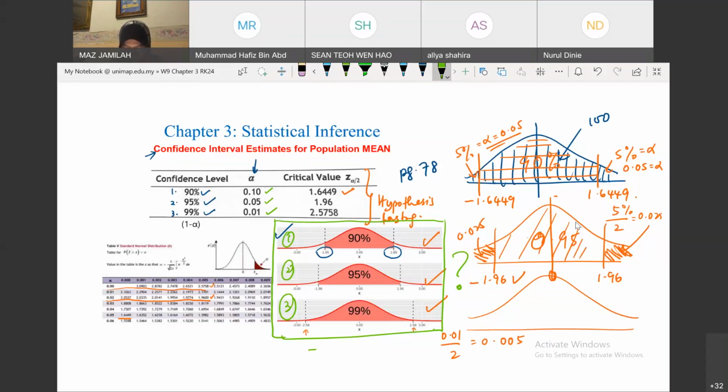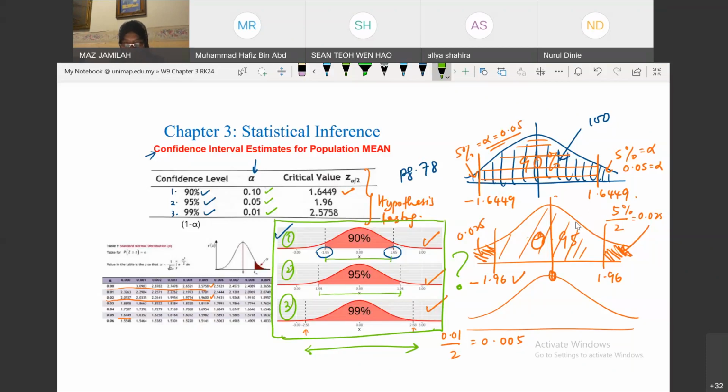You will have a larger CI. If you have 90%, you will have a narrow confidence interval. If you have 95%, it is larger than 90%, but it is narrower than 99%.